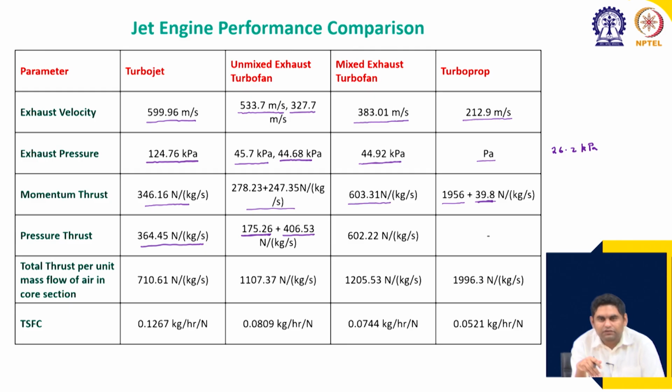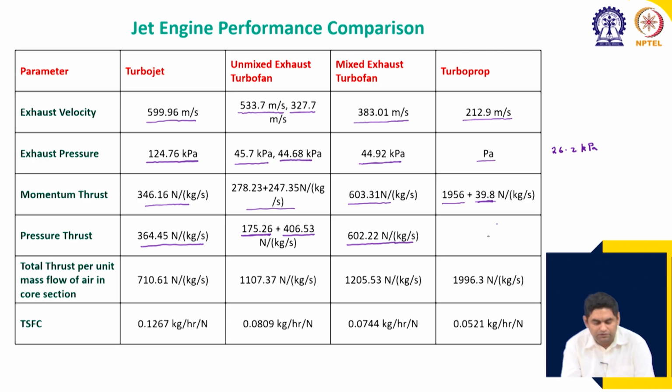Okay, I have not written it down here, but you should compare the size. Size will be very large as compared to the turbojet or the core section of the turbofan. So, as a result, although the pressure difference is less, the thrust comes out to be much larger, 406.53, and the thrust is even larger for the mixed type, where we find that this is equal to 602.22 Newton per kg per second. Here the cross-section area is very large, again even larger. So, we get larger thrust, although the pressure difference is less as compared to that of the turbojet.